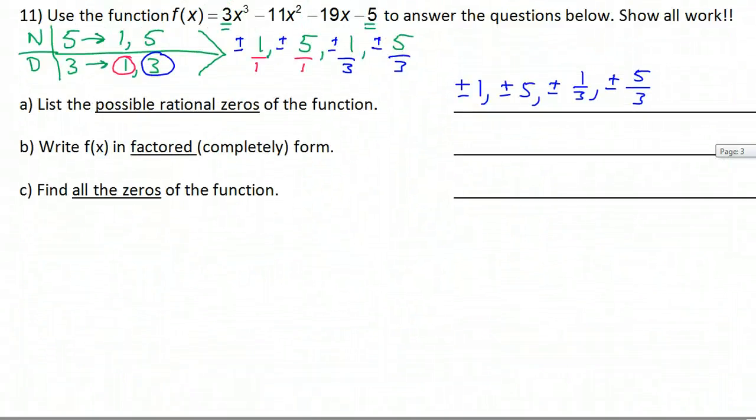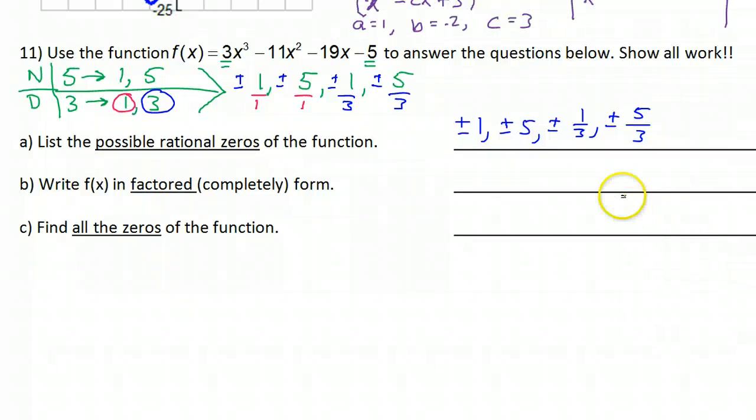Now this is the first time that we aren't given a graph and we're not given a chart, and we're not supposed to use our TI-30 XS MultiView.